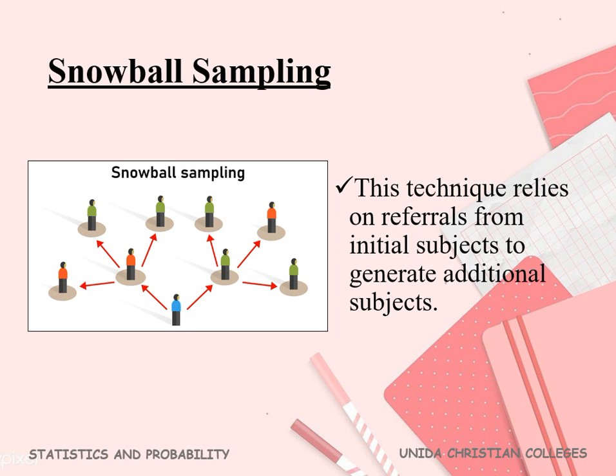And this technique relies on referrals. Referrals siya parang networking from initial subjects to generate additional subjects. So, meaning, kung meron ka ng isang subject or isang respondent, sa kanya ka ngayon magtatanong if para sa mga future subjects mo pa or future respondents.